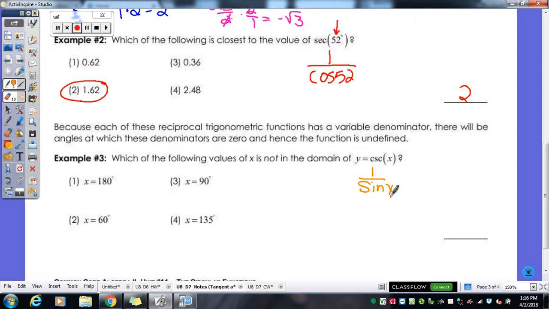For that to be undefined, sine would have to equal 0. That's how we get an undefined, if your denominator is 0. Which one of these has a sine value of 0? It would be choice 1, 180.